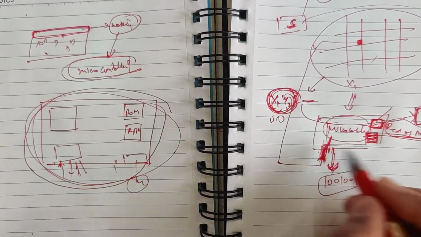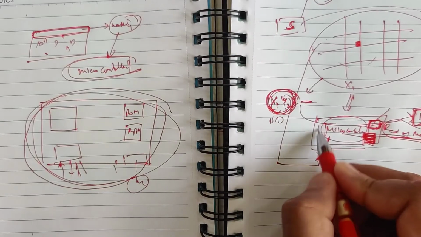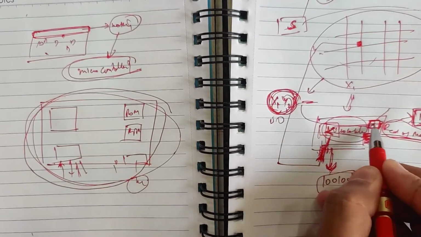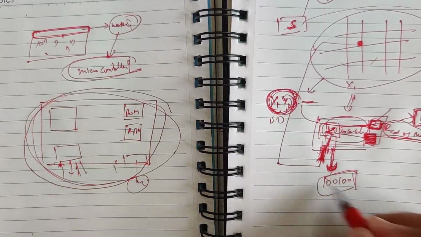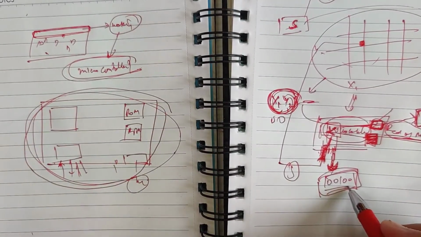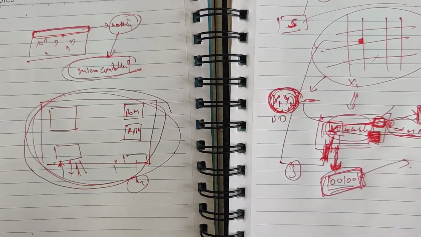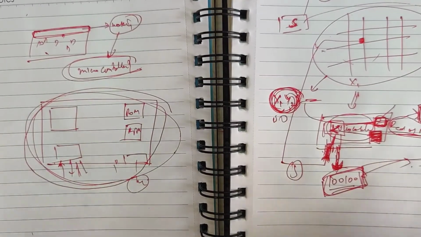The input is stored in the RAM at different addresses, and then it is taken by the processor, which processes the data and takes input from ROM also, and then an output is released that this key has been pressed, 100100. This is the signal which has to be forwarded. So this is my understanding of the keyboard till now, and this goes again to the processor or to the computer.